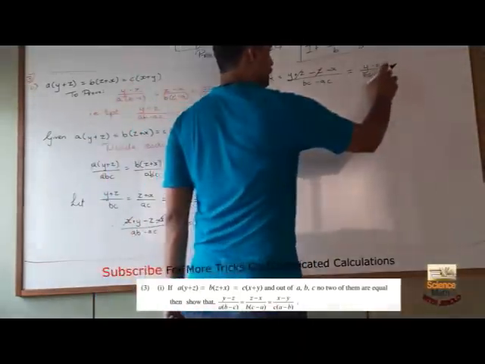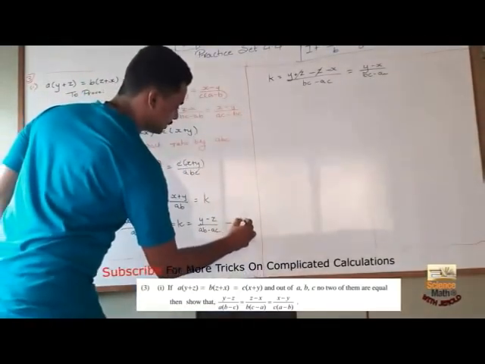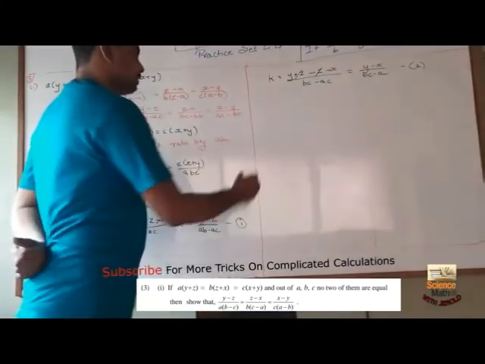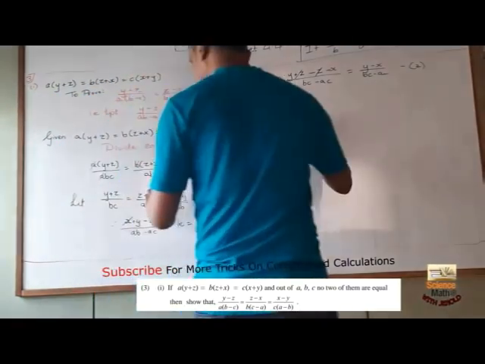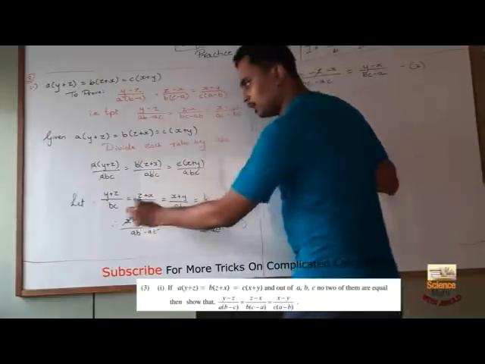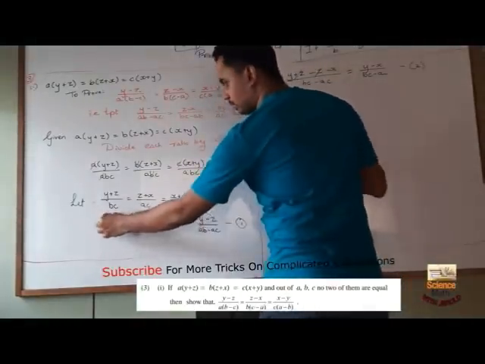This is the second. Now I have this, I will mark it as 1, this I will mark it as 2, and last K is equal to, what do I want in the final? AC minus BC. So I have AC here and BC over here.